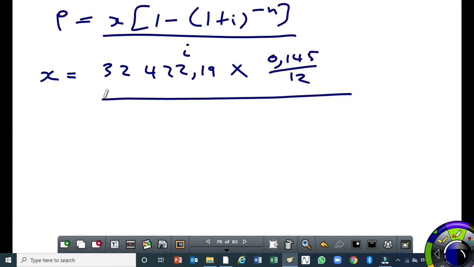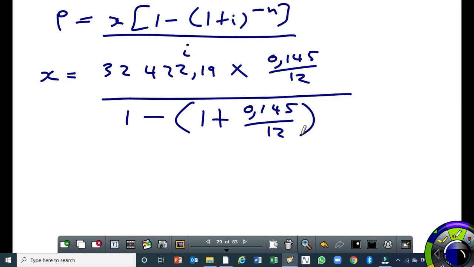We divide that by everything inside the square bracket, which will be 1 minus 1 plus 0.145 over 12. Now, how many payments are left?